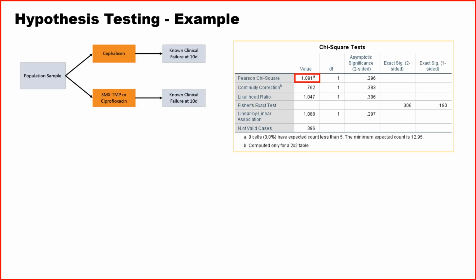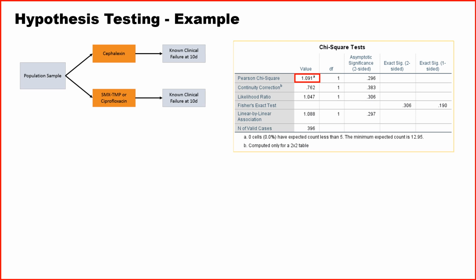So returning to our example of hypothesis testing, we have decided that the chi-square test is the appropriate test for our comparison of our outcome of known clinical failure at 10 days because it is a nominal outcome, or nominal data.